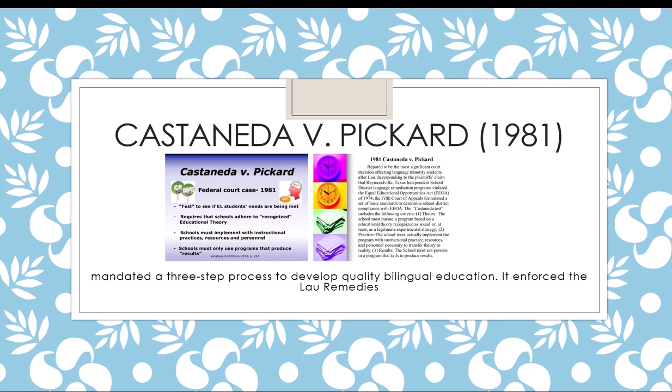It enforced the legal remedies, and the 3-step process was: Number 1, theory. The school had to pursue a program based on an educational theory recognized as sound or a legitimate experimental strategy. Number 2, practice.